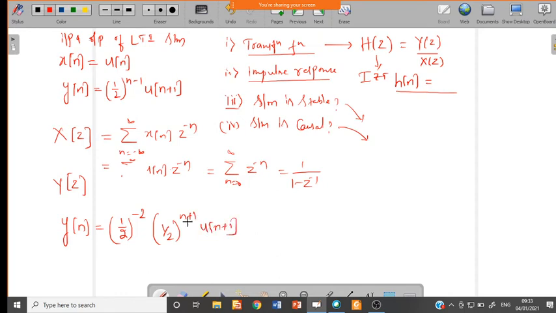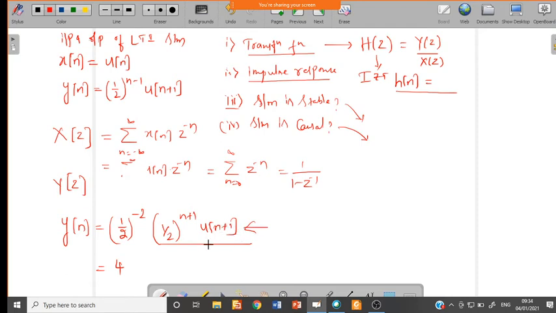Now if you do this, half power minus 2 gives you 4. And if you substitute x of n here, it will vary from minus 1 to infinity. So you will get half power n plus 1 into u of n plus 1, starting from n equal to minus 1.